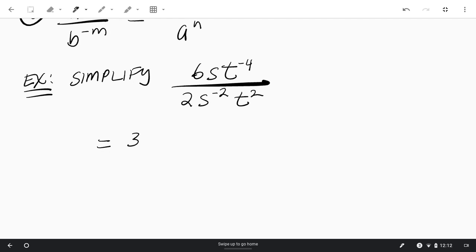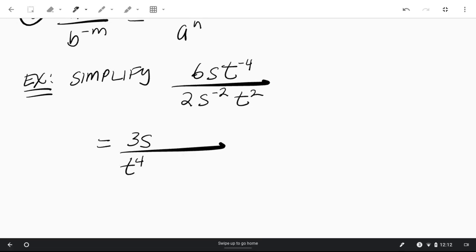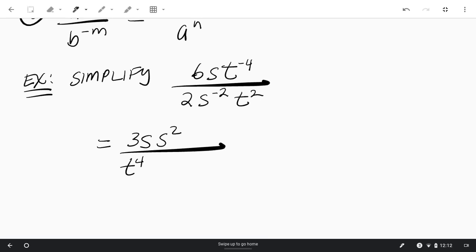I like to move all the ones that have negative exponents. So this one can stay. The t to the negative 4 can move to the bottom, becomes positive 4. The s to the negative 2 moves to the top, becomes positive 2. And the t squared, that can stay. Okay.